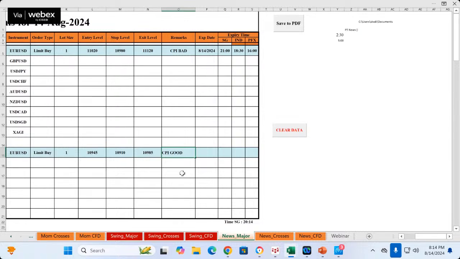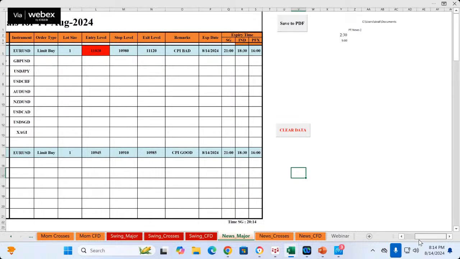So that means if the data comes out good, we are going to get stopped out on the first trade, and we may get filled or we may not get filled on this one. Okay, if we get filled, then we try to exit, and this is the exit we put in.